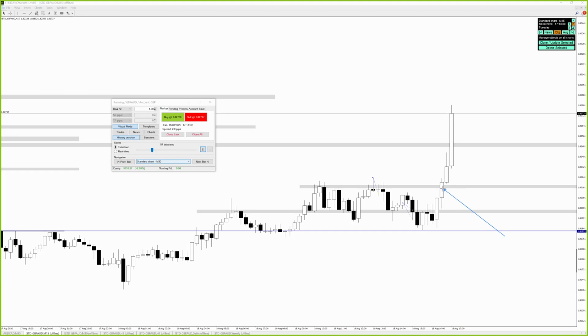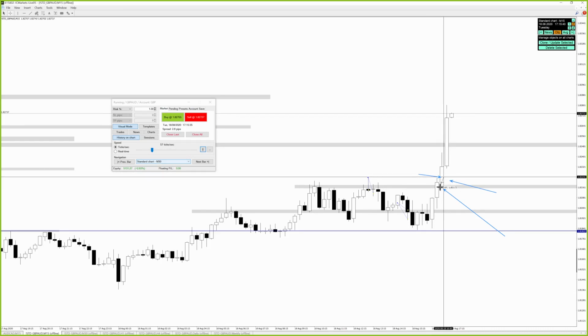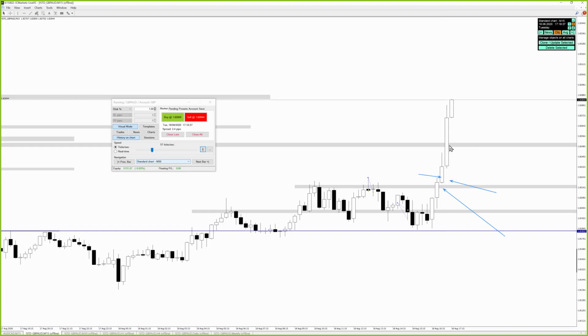This one broke above resistance. And when the next 15-minute candle started and began to break the high, I guess that's where we could have taken a buy and had stops somewhere within this range and anticipated price to continue moving up. That's the only thing we can see right over here at this point.